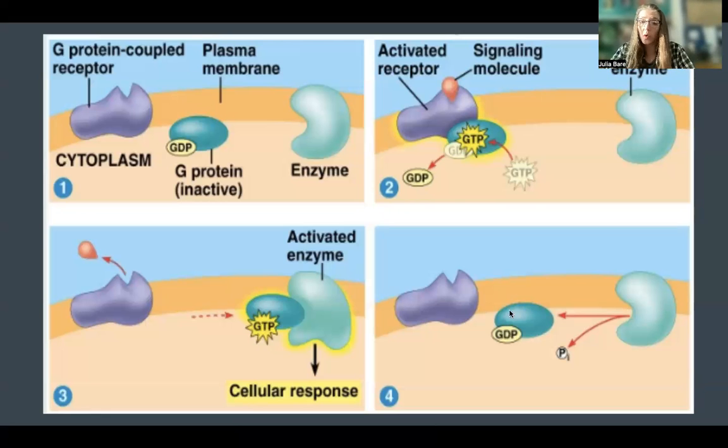GDP reassociates with the G protein, and the receptor molecule returns to its original state. Okay, so this is the essential function of a relay protein, and it does exactly what it sounds like. If you've ever seen a relay race, it's the transferring of a signal from one protein to another protein, the same way that you hand a baton in a relay race.